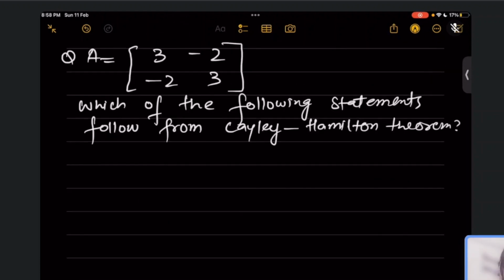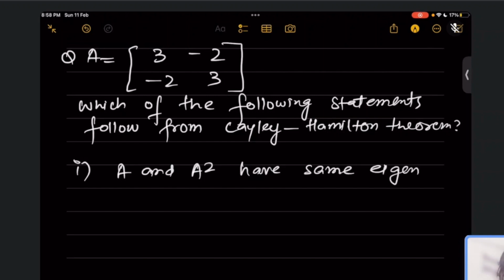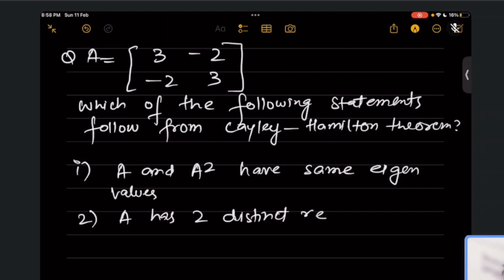First is A and A square have the same eigenvalues. Second is A has two distinct real eigenvalues.